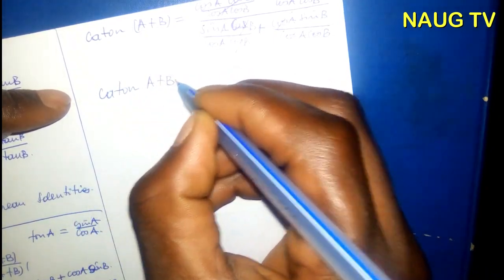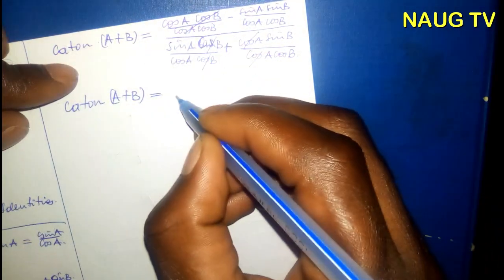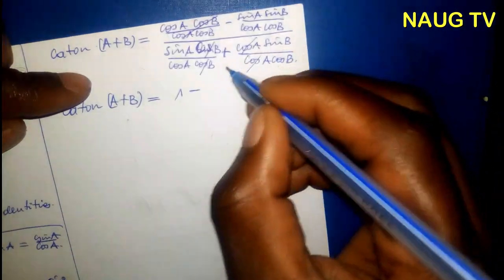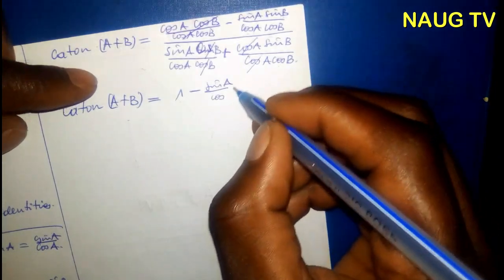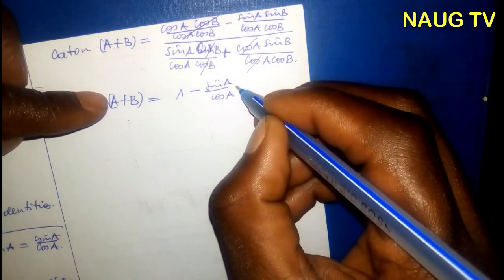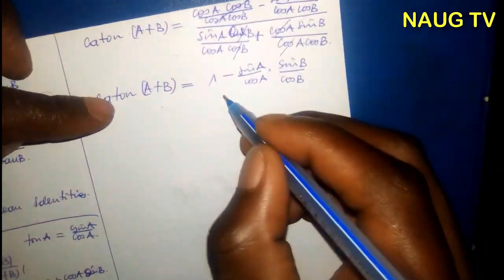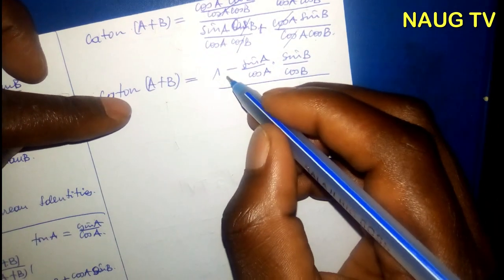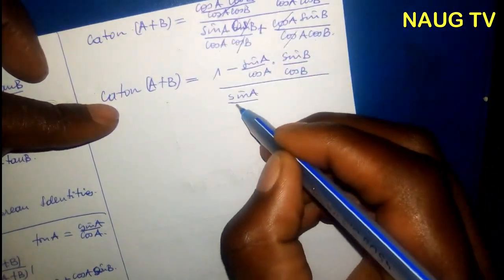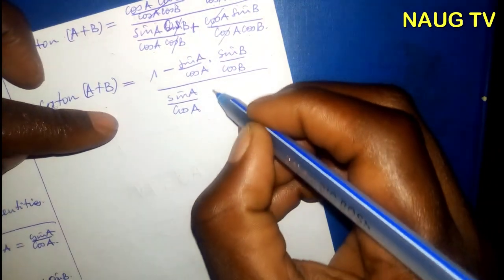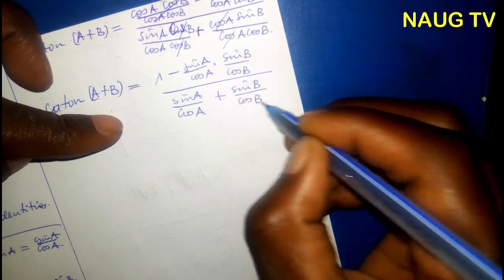cotan(A+B), which is equal to, here we have seen that it is, 1 minus sine A over cosine A times sine B over cosine B, right, over sine A over cosine A plus sine B over cosine B, right.